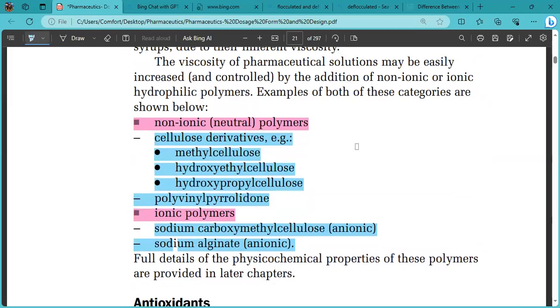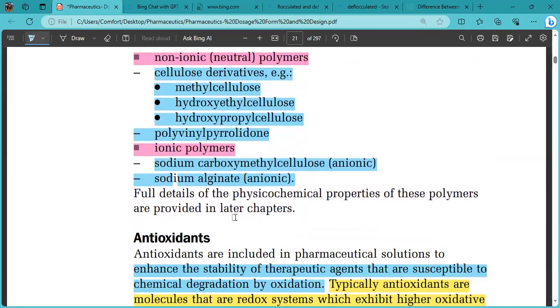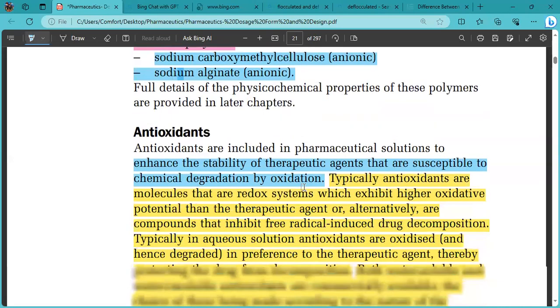The non-ionic, which are the neutral polymers, are mostly cellulose derivatives like methyl cellulose, hydroxyethyl cellulose, and so forth. And then the ionic ones, which are the charged molecules, are sodium carboxymethyl cellulose, which is anionic, meaning it's negatively charged, or sodium alginate, which is also anionic.